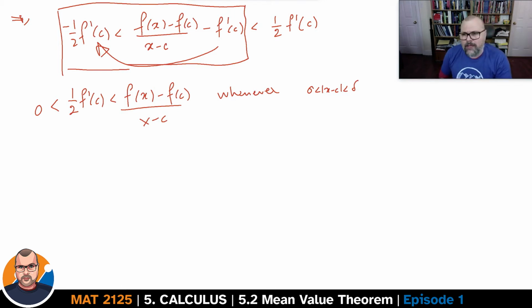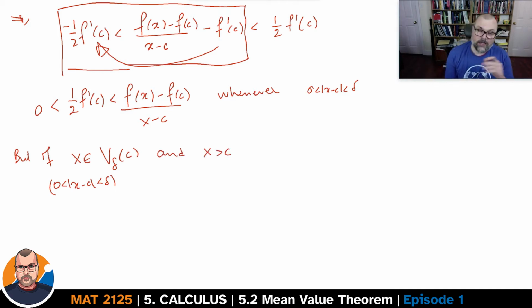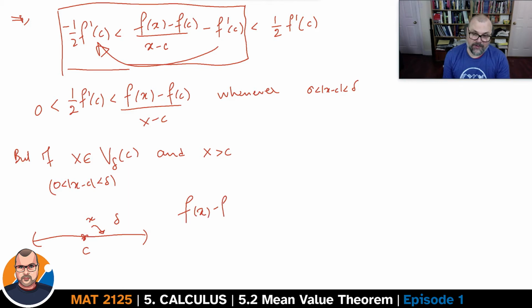Well, now if you pick x in the neighborhood of radius delta around c, which is to say, if this relationship holds, and if you're on the right of the point c, so here's your c, here's your delta, you're picking an x somewhere in here, you will have that f at x minus f at c is going to be the same thing as x minus c times (f at x minus f at c) divided by (x minus c).